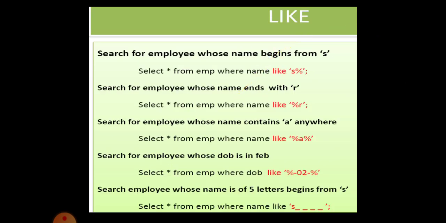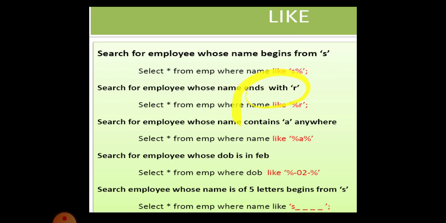Look at the various examples. Search for employees whose name begins with S. So how is the clause given? Where, column name, LIKE, pattern. This is the syntax. So here, begins with S: S percentage. After S, it may be anything.